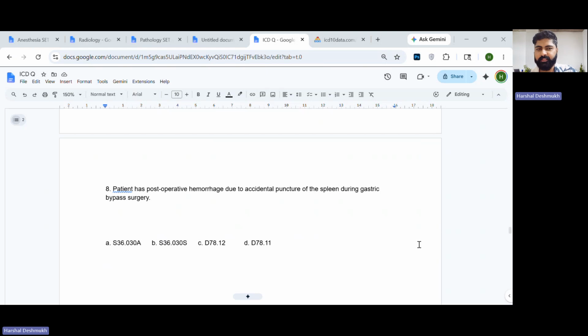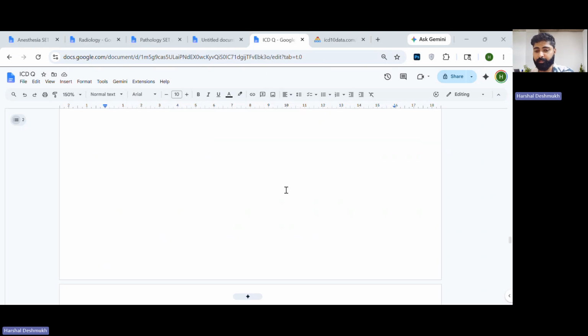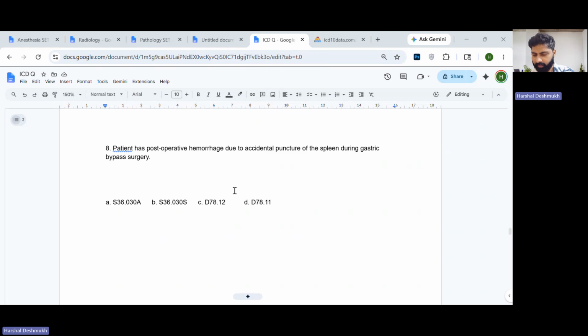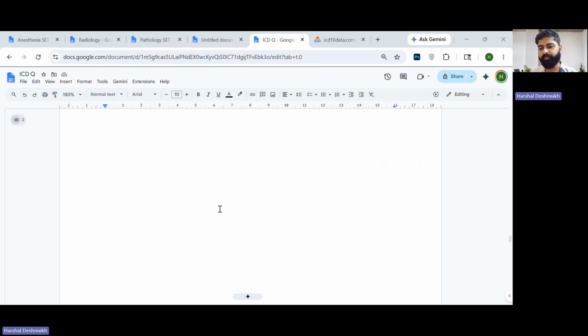There is a bit of confusion in this question. What I feel the right answer is, option C, D78.12. As it's intra-operative or right after the operation, a post-operative complication has arisen here. That is why I'll be going with D78.12, option C.